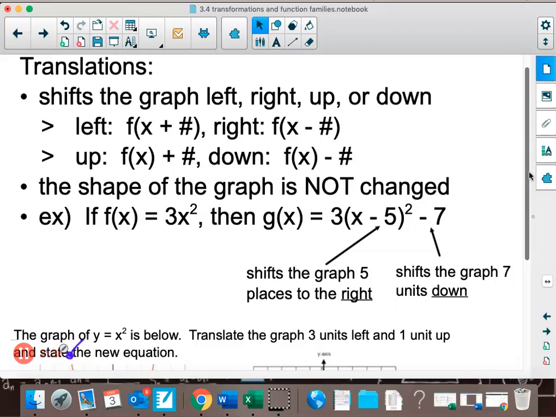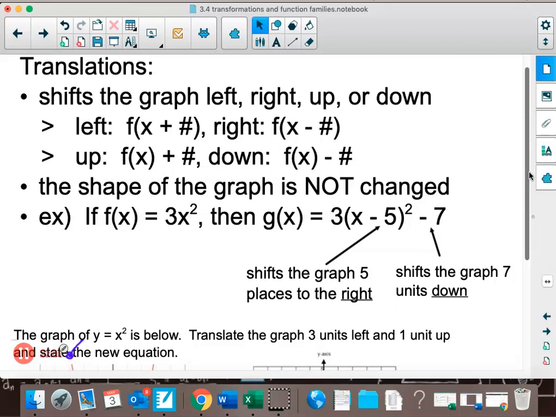So I showed you right here this y equals 3x squared. And remember what do we call this kind of a function? It's quadratic, right? So if I change this to 3 times (x minus 5) squared minus 7, I'm subtracting 5 from the x, which shifts it to the right by 5.